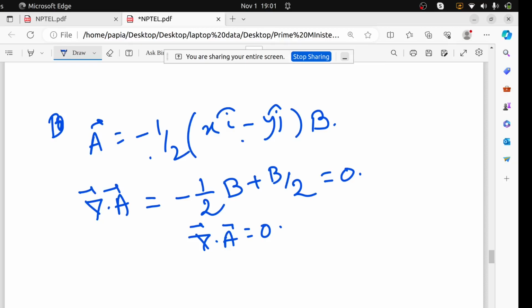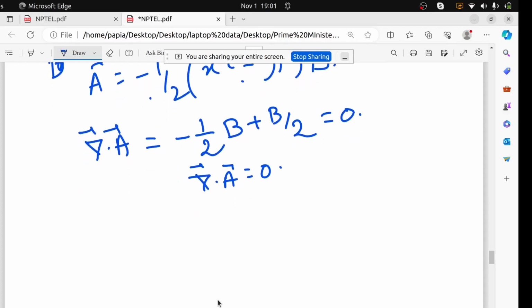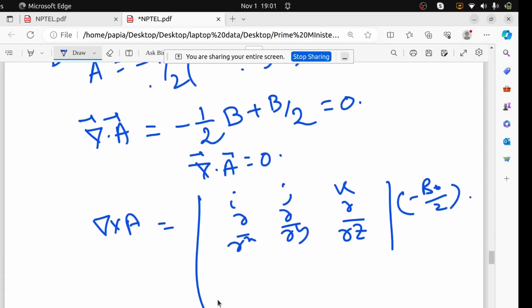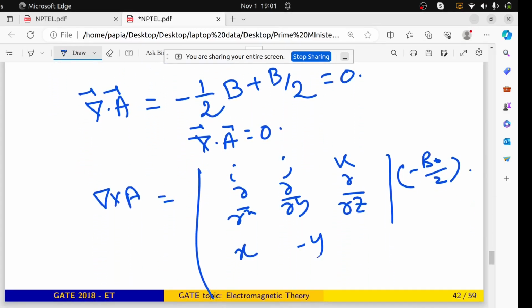But we have to check the other one also, that curl of A is B, which is B0 into k cap, or not. So curl of A, quickly I am doing I j k, del x del y del z. Okay, so minus b0 by 2, I am just putting here in the common thing, x I cap minus y j cap. So x minus y 0.